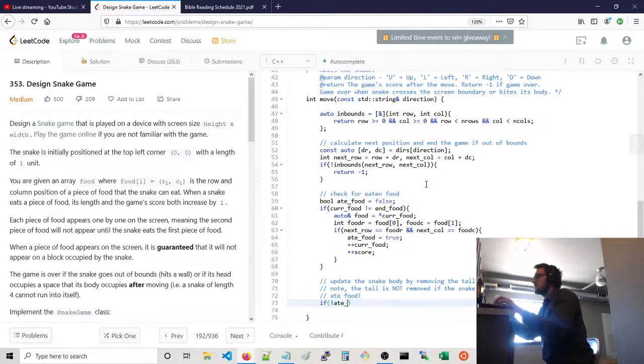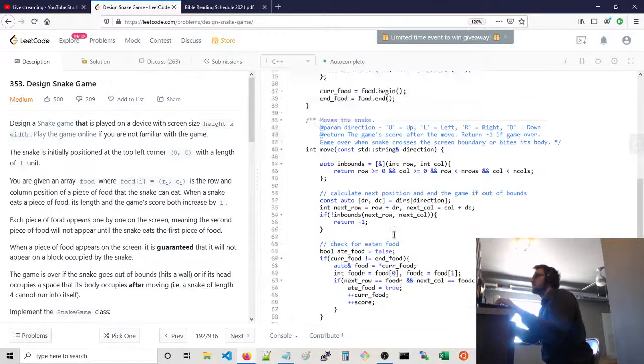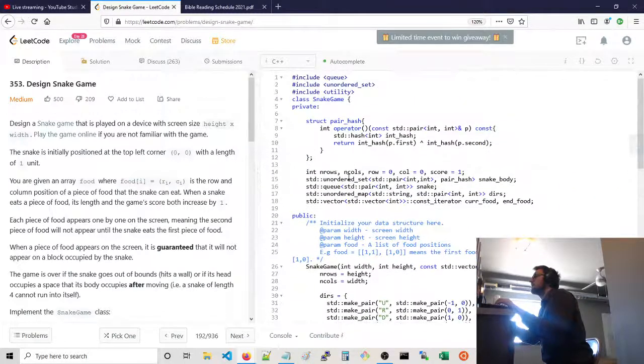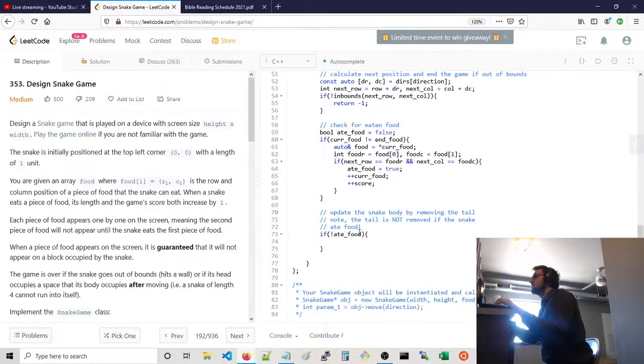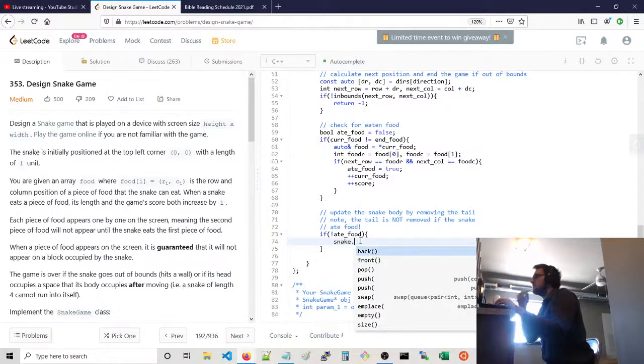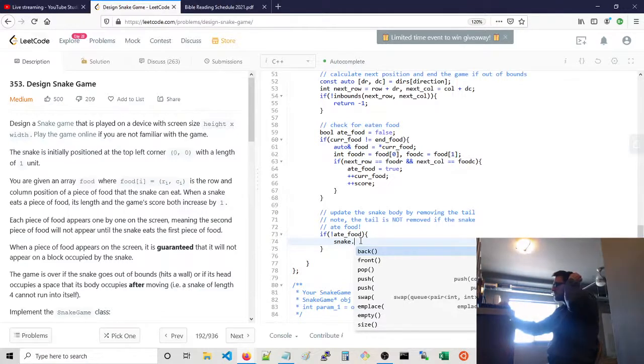So if not ate food, we're going to remove the tail by popping from the queue. So snake dot pop front, back. Now my question is, when we push to the queue, where does the queue get pushed to? The front and the back. I want to say the front is what we want.